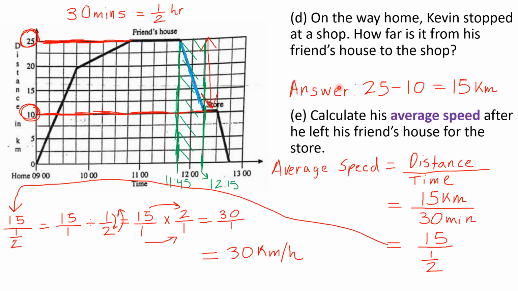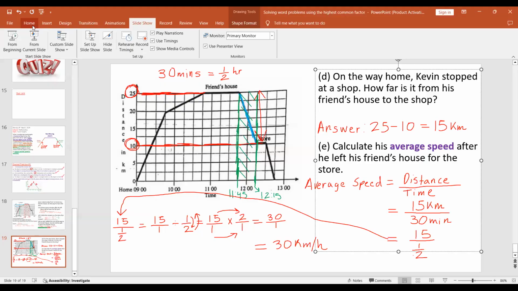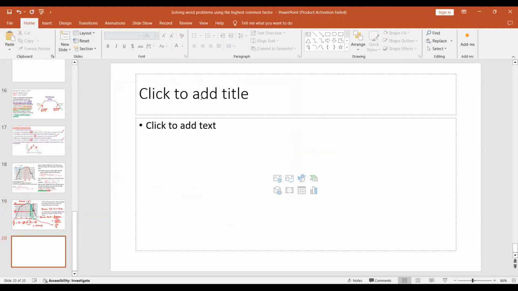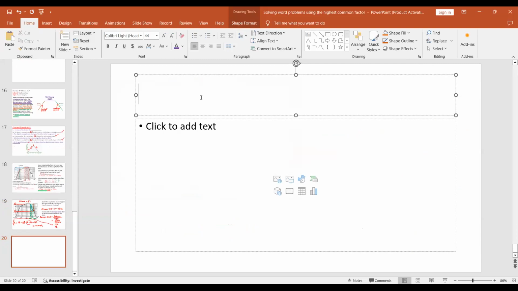All right, again, for those of you who understand how we got the answers for time graph questions, put I inside the chat for me. Okay, so take a picture of your work and send it to me via WhatsApp. Please do that now.